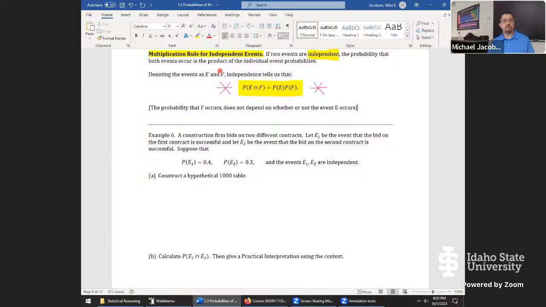So if knowledge about E occurring or not has no bearing on what the probability of F is, we'll have independent events. We looked at a couple simple scenarios with that, and we'll see another one on example 7. But for the moment, here's a pretty routine web-assigned kind of problem, which would require this formula above.